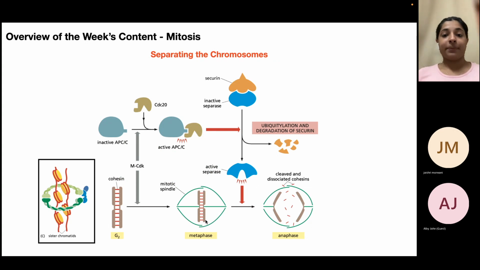Now, again, separating the chromosomes: we have previously seen that there are cohesins binding the two sister chromatids together, so it is not easy to just pull them apart. Herein also there is a very complicated regulatory network that plays a role.